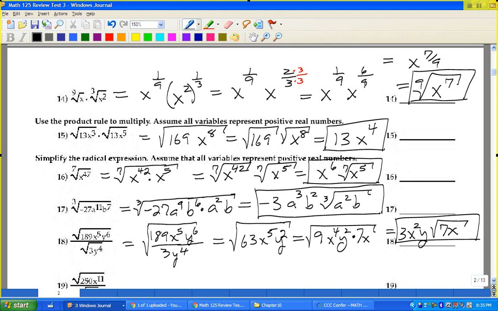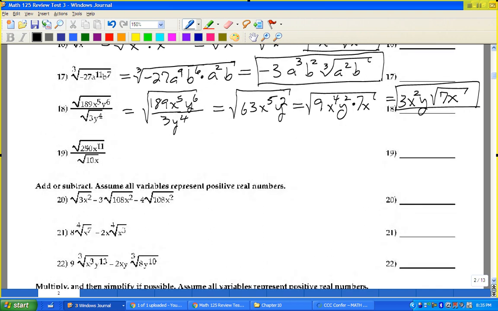Let me do problem number 19. So again, I can use the properties of exponents to write this as all under one big square root. So 250 x to the 11 divided by 10x. 250 divided by 10 is 25.